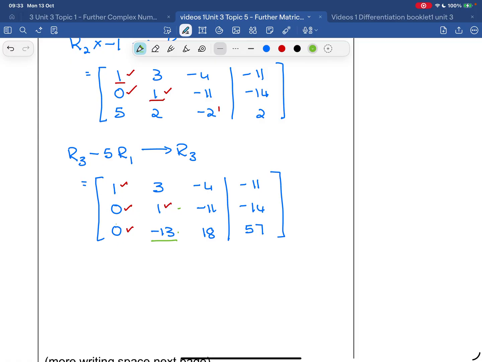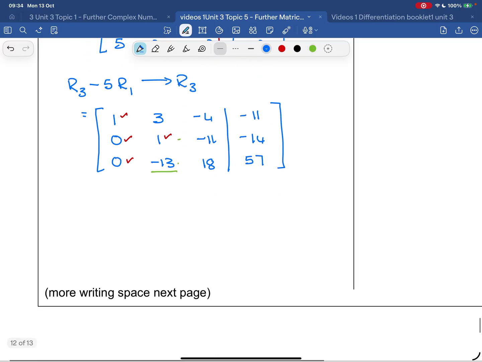If I'm not working with somewhere that I've already got zeros to my left, I'm going to end up with numbers back in the left again, okay? So I'm now going to be working with row 3 and row 2 to try and get my row 3 to be equal to 0.